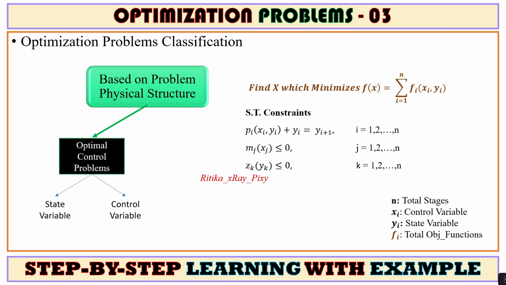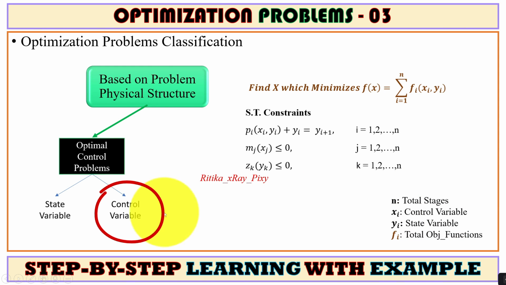Optimal control problems involve multiple stages, and two different types of variables are used to define it, that is state variable and control variable. Control variables determine the system variables, and they also control the system evolution through its multiple stages. Here you can see we have n, that is total stages.